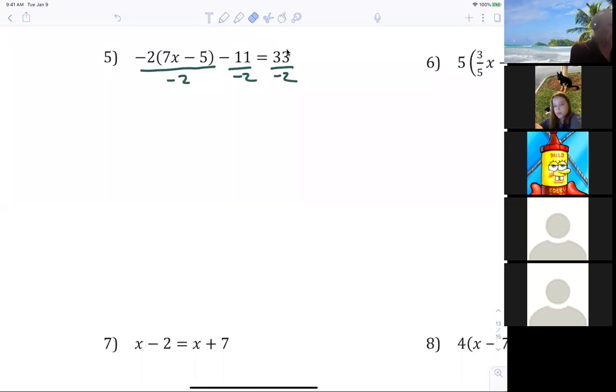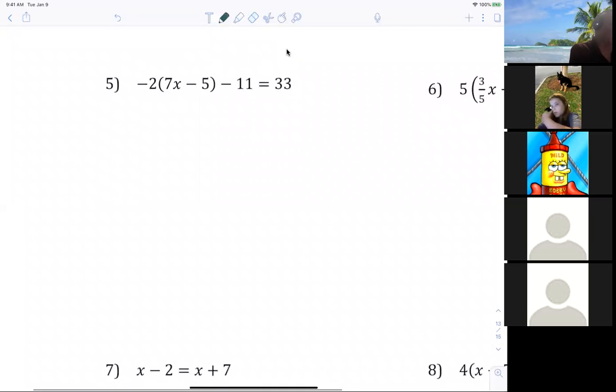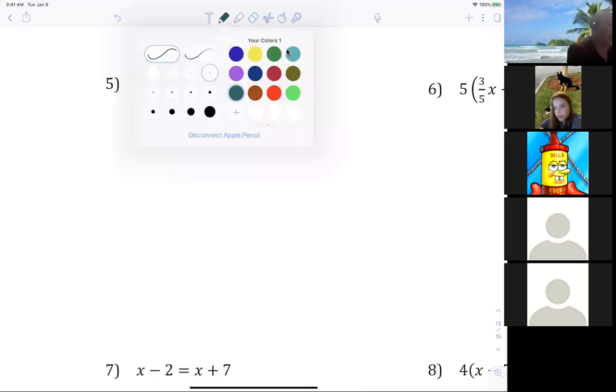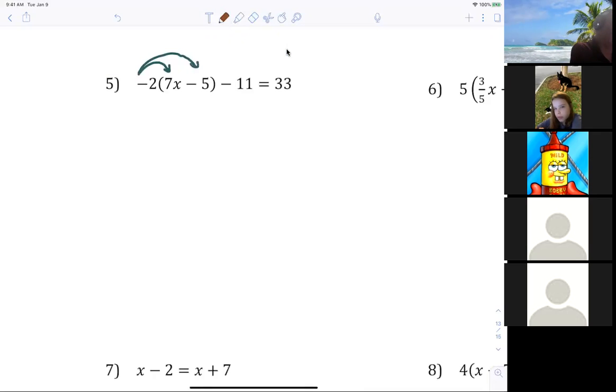First thing is distribute the -2. When you distribute the -2, you end up with negative 14x plus 10 minus 11 equals 33. Anybody have any issues with that?